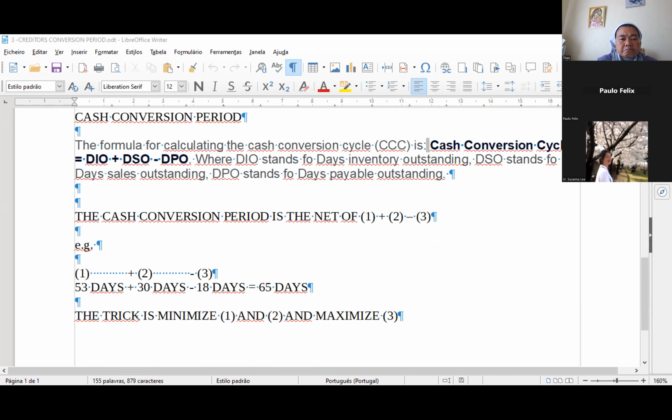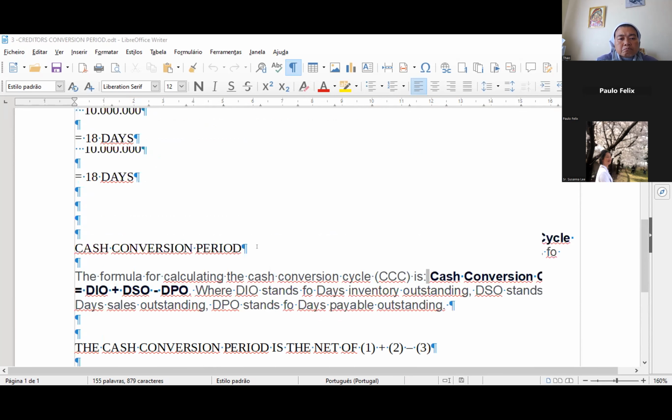The trick is to minimize 1 and 2 and maximize 3. So the first and the second should take fewer days, so that you get cash to pay your creditors. I hope it is understood.